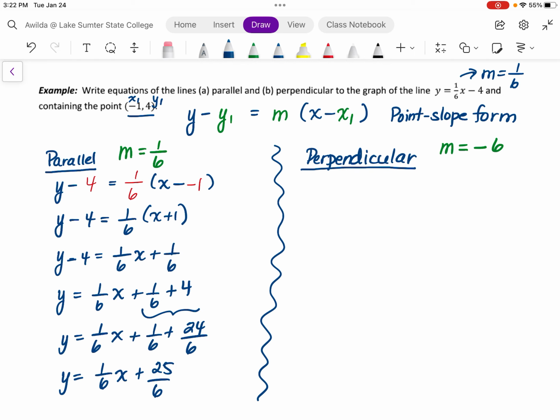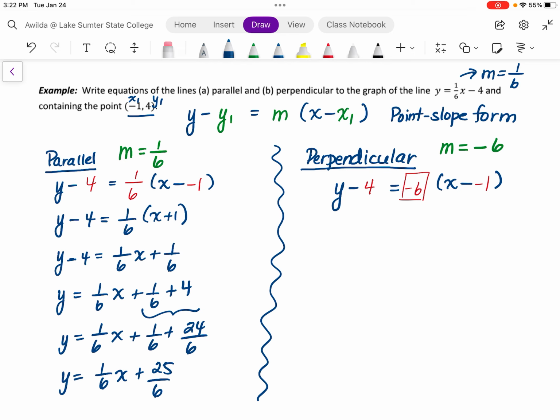So we're going to go back and use the same point-slope form. And because we're still trying to pass through the point -1, 4, we're going to make the same substitutions for x sub 1 and for y sub 1. What will change, however, is right here, our slope is now going to be -6.